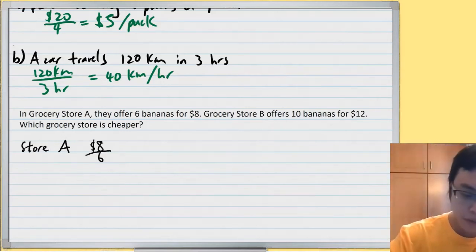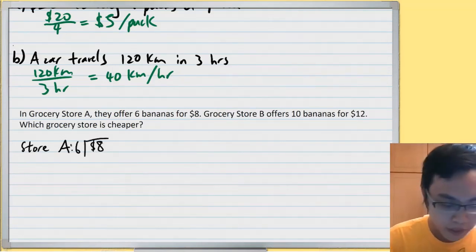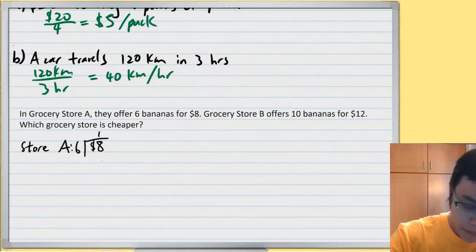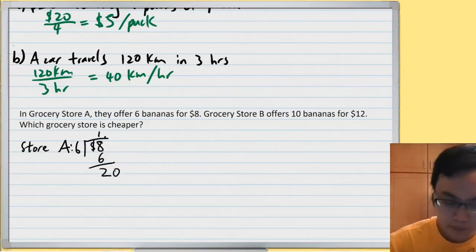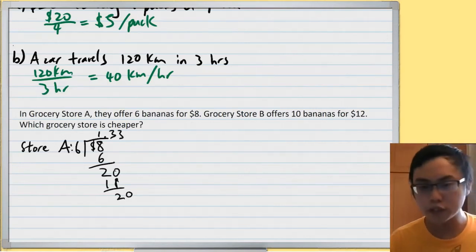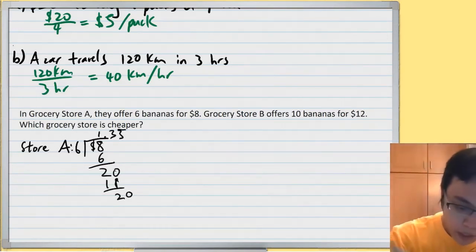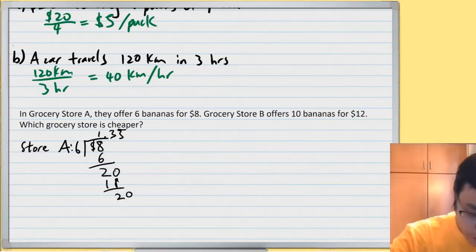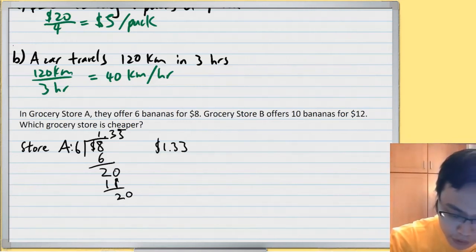If we do it by long division, 6 goes into 8 one time, that's 6, and then there's 2 remainder, add a 0, 6 goes into 20 how many times? 6 goes into it 3 times, that's 18, and there's 2 remainder, and you can see it's a recurring decimal, 1.33, and it repeats. And so for store A, the unit rate will be $1.33 per banana.